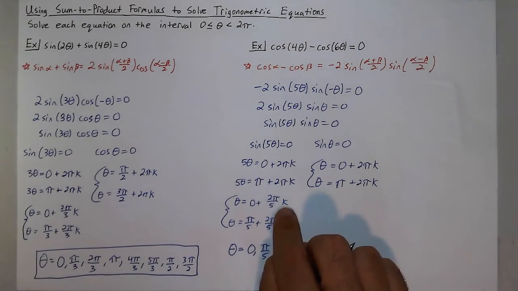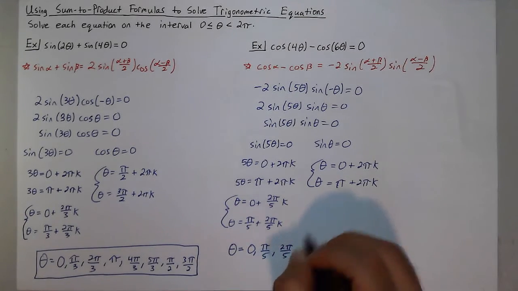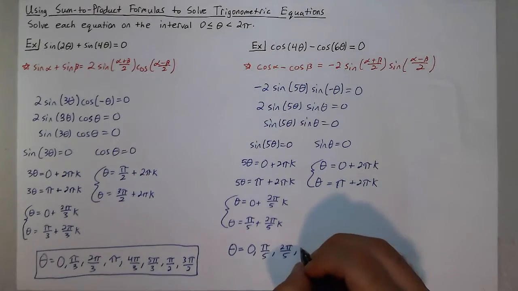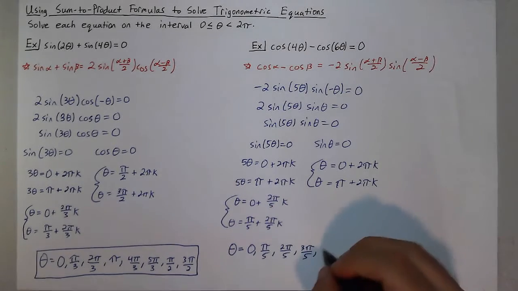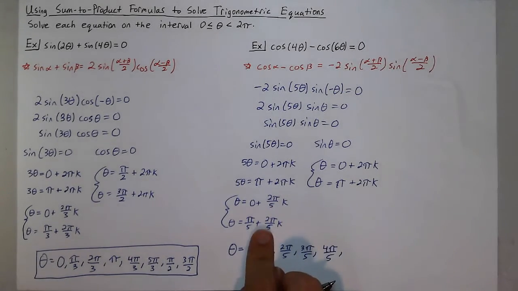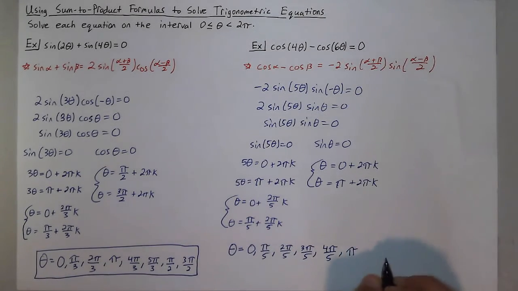And then plugging in 1 for k gives me 2 pi over 5. And then 2 pi over 5 plus pi over 5 is 3 pi over 5. Then plugging in 2 for k gives me 4 pi over 5 plus 0, which is 4 pi over 5. And 4 pi over 5 plus pi over 5 is 5 pi over 5, which is just pi.